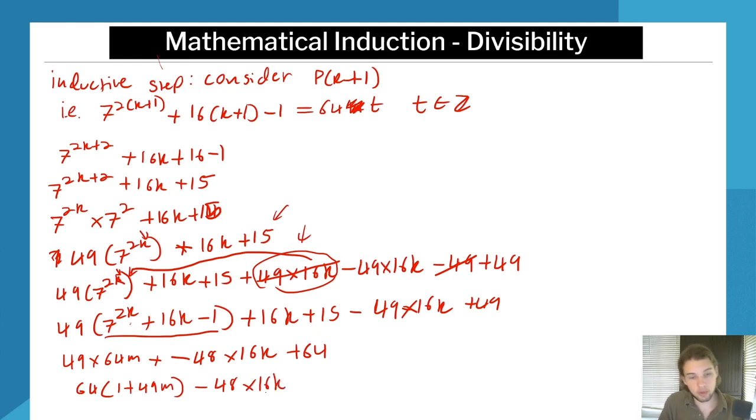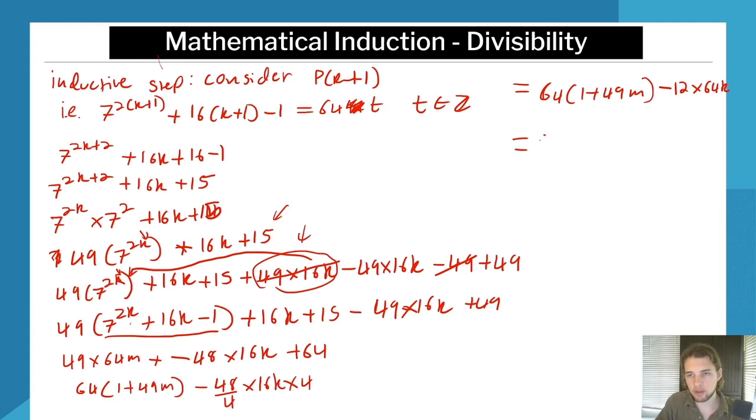Now, what I'm going to do with this is first move it all the way up here. I'm going to divide this by 4 and multiply this by 4. So that leaves us with 64 times 1 plus 49m minus 12 times 64k.